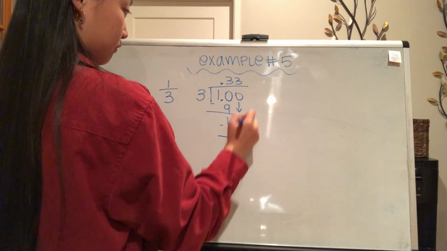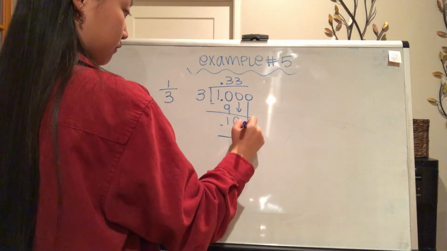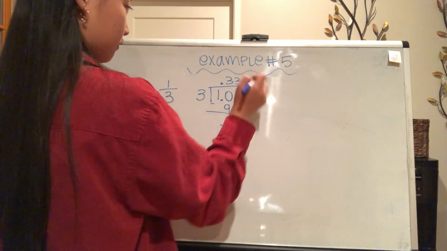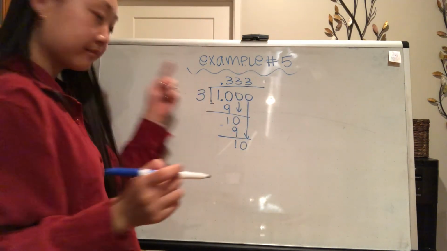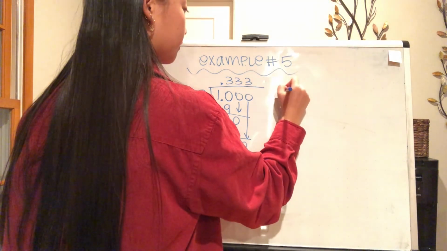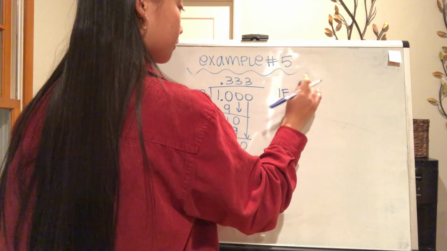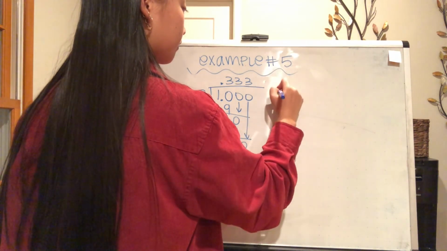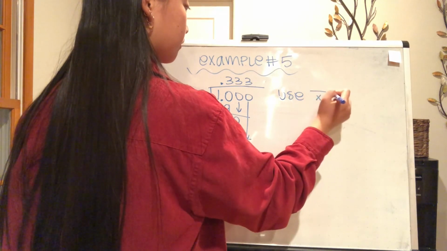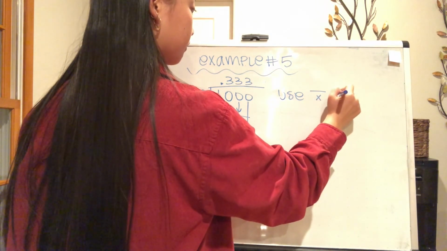And again, 3 times 3 is 9, which leaves 1, and you bring a 0 down. 3 goes into 10 3 times. And so you see how it's going to be constantly repeating? So this means that it's a repeating number. And when this happens, then you add a line over the 3 to indicate that it's going to be repeating forever.